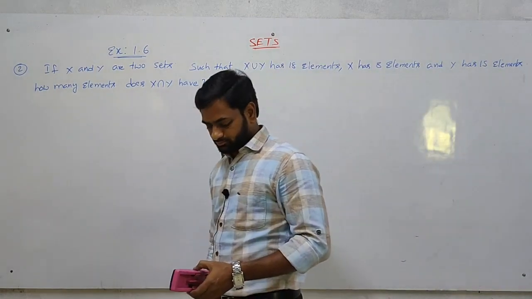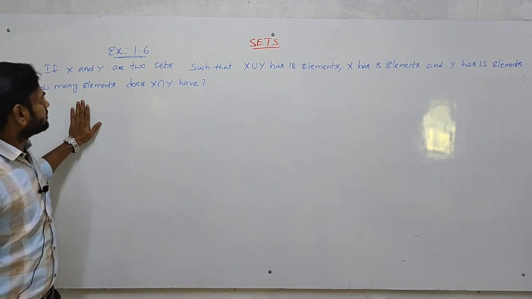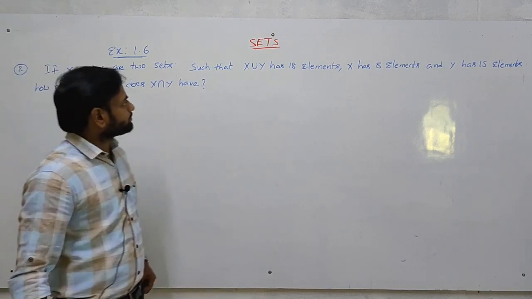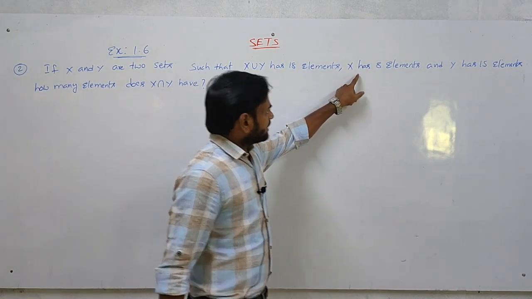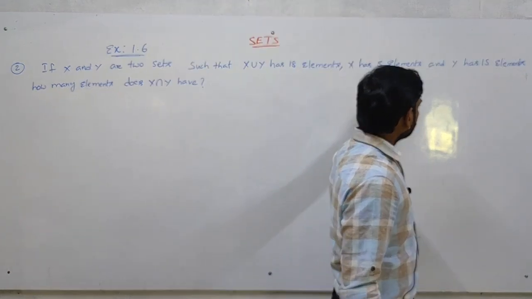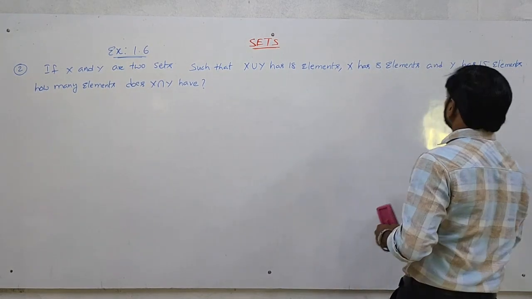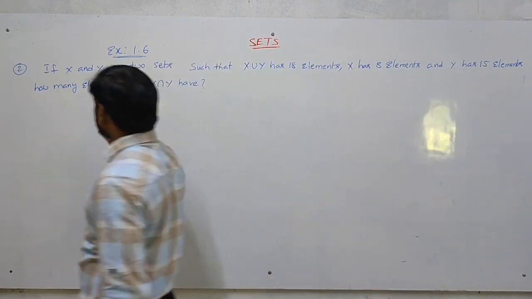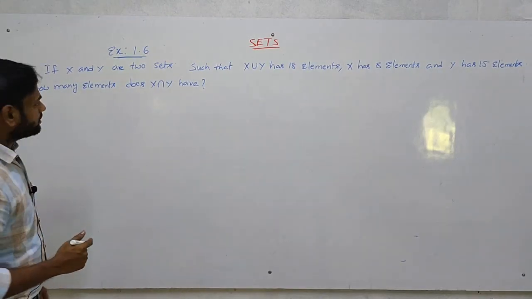See the next problem. If x and y are two sets such that x union y has 18 elements, x has 8 elements, and y has 15 elements, then how many elements does x intersection y have?